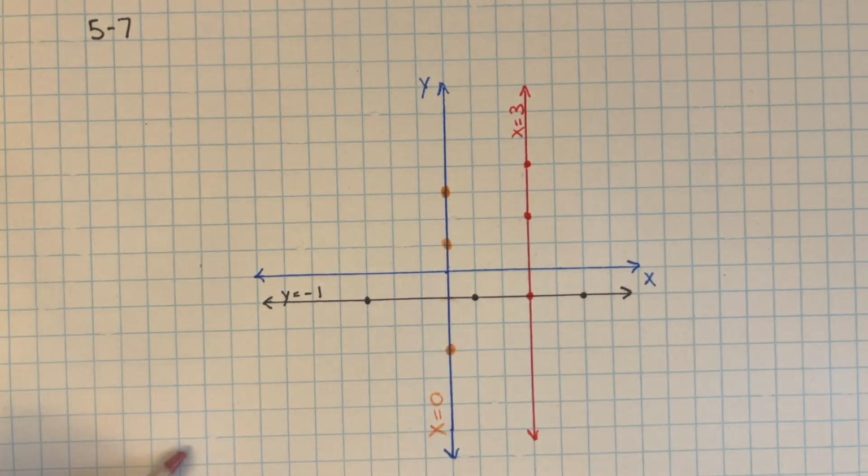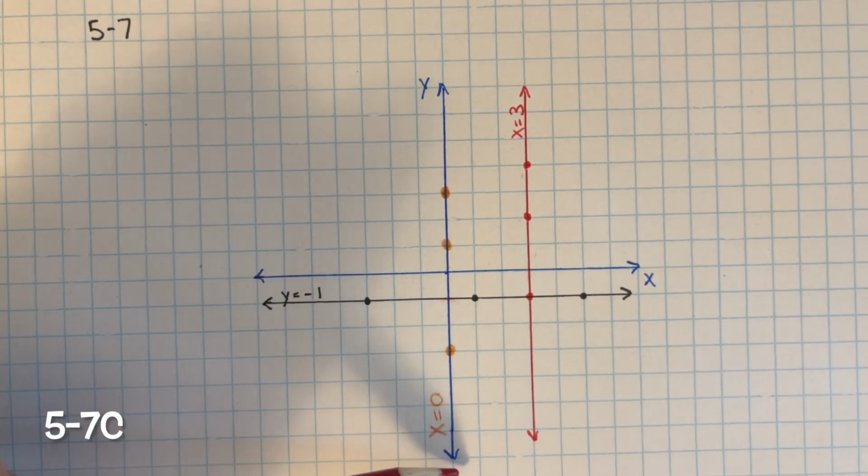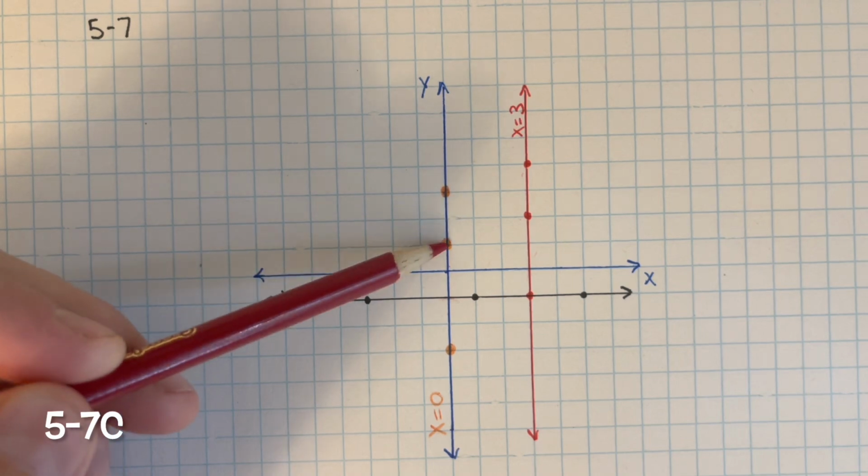For part C, choose any 3 points on the y-axis. So here is the y-axis. And now what is the equation of this line that goes through these points? So here are 3 points I have chosen.